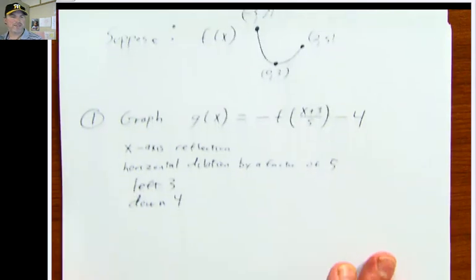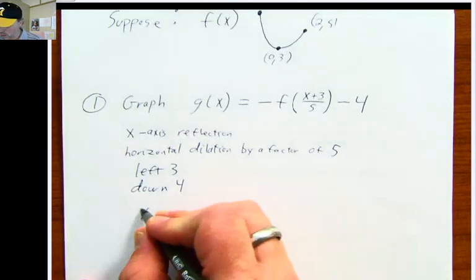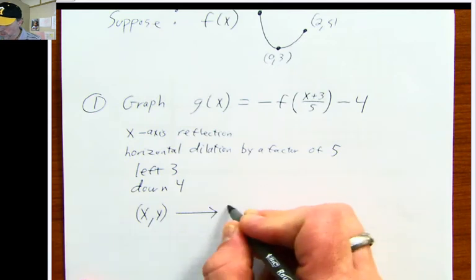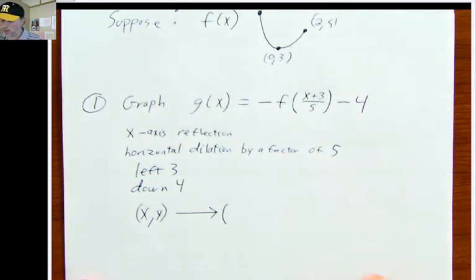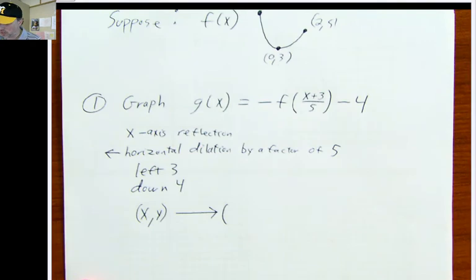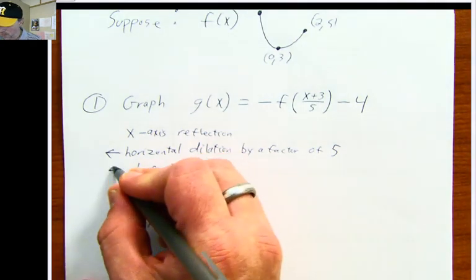Well, what does that physically do to the coordinates? Well, x, y. What's going to affect the x-coordinate? The things that are going to affect the x-coordinate are this horizontal dilation and the left 3.